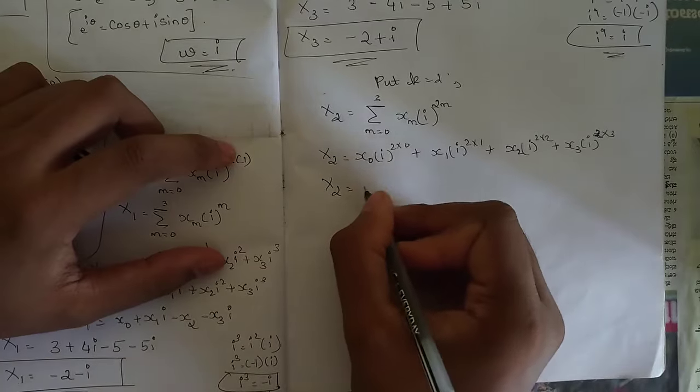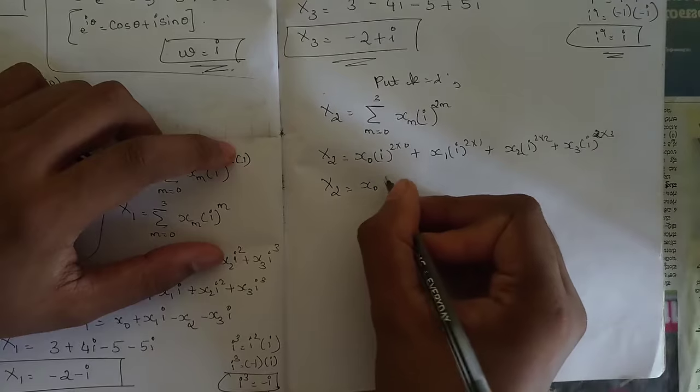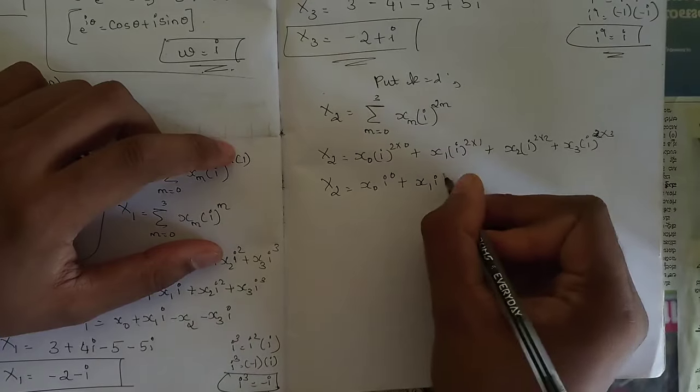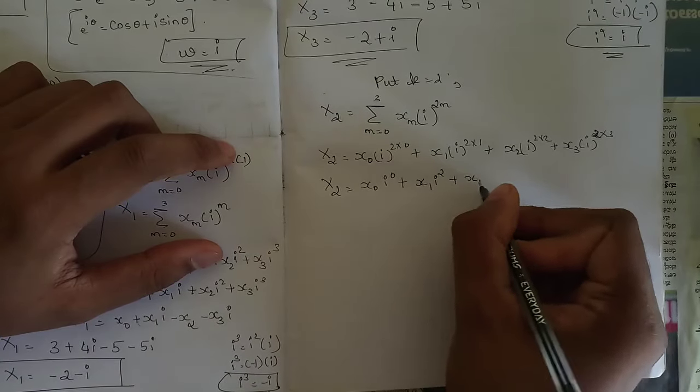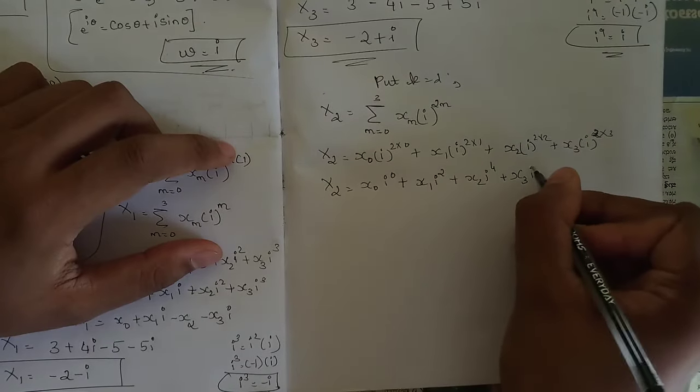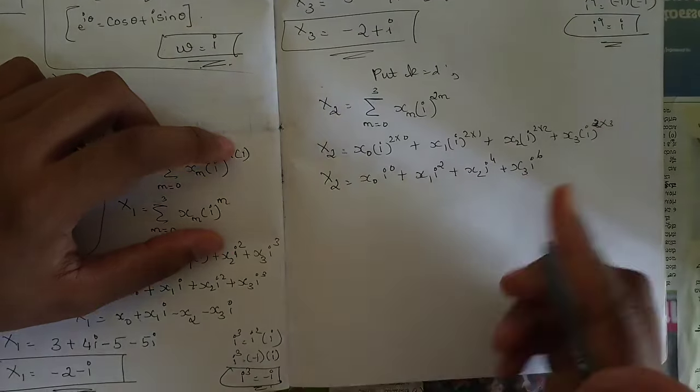Now substitute the values. This is i to the power 0 plus x1 into i, 2 ones are 2, so i square, x2 into i to the power 4, x3 into i to the power 6.